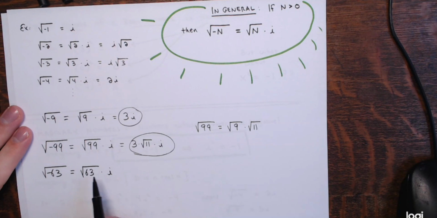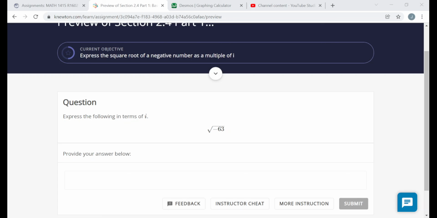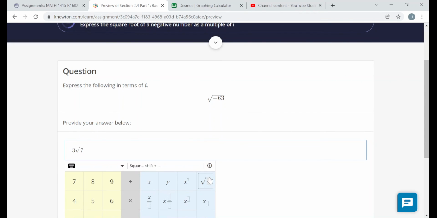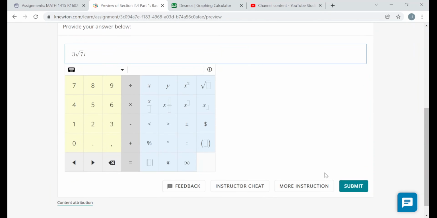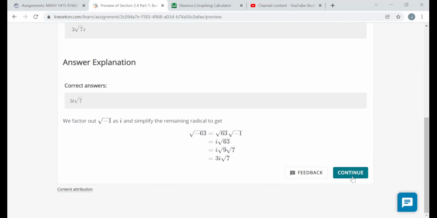So this is 3 times the square root of 7 times I. When you totally simplify, square root of 9 times the square root of 7, and they want it in that simplest form. So 3 times the square root of 7, and then get out of the square root. Make sure the I is not in the square root, and then times I. So after that whole big initial discussion, we're kind of flying through these.